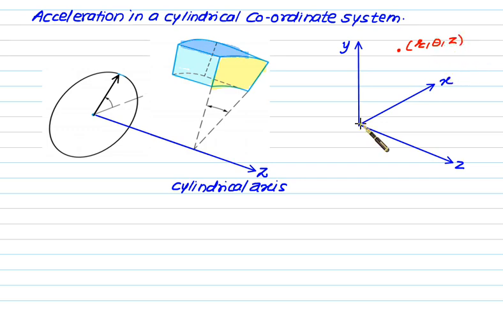The radial distance of this point is r. In this figure, the radial distance of the cylindrical element is r, and the circular path also has a radius equal to r. So this is the radial distance equal to r, and here we have shown the circular path.